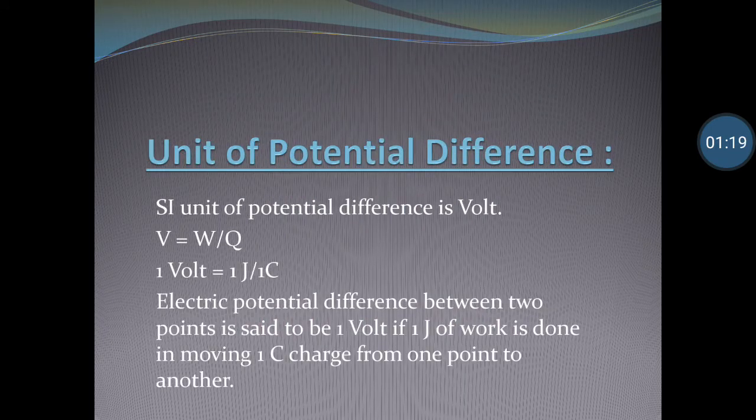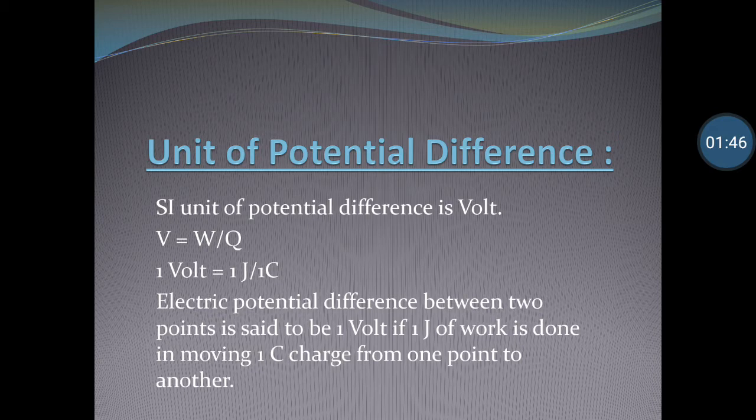Unit of potential difference. Potential difference is measured in volt in SI unit. We know that potential difference is equal to work done by charge. SI unit of work is joule and SI unit of electric charge is coulomb.